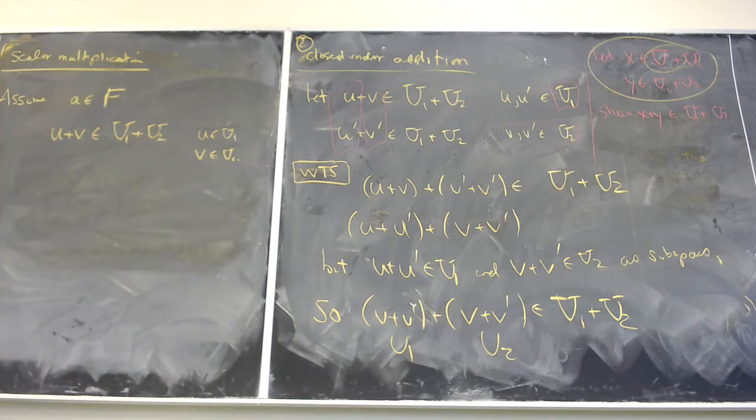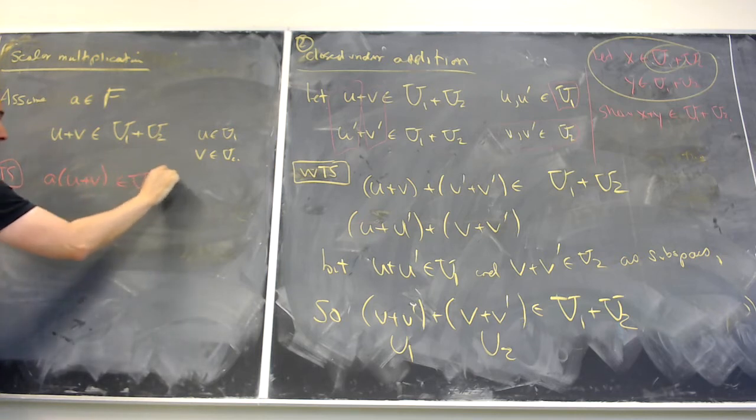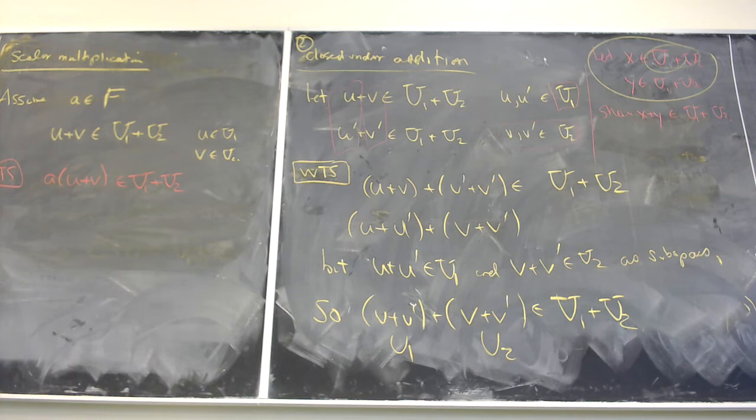What we want to show is that a times (u plus v) is in U1 plus U2, which means I have to somehow sort it out into a piece that's in U1 and a piece that's in U2. Well, how do I do that?